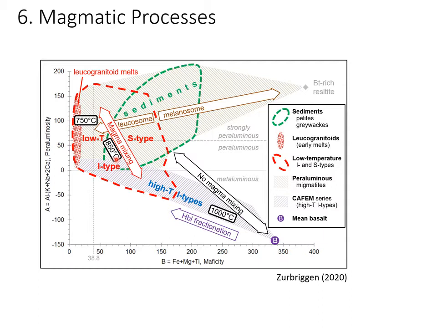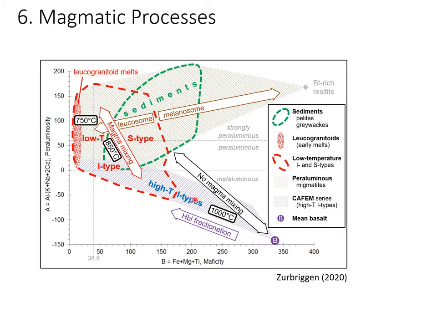Peraluminous batholiths plot up here. They are mainly peraluminous, can have some metaluminous members, and mafic end members such as basalts or intermediates like tonalites and quartz diorites are very rare.